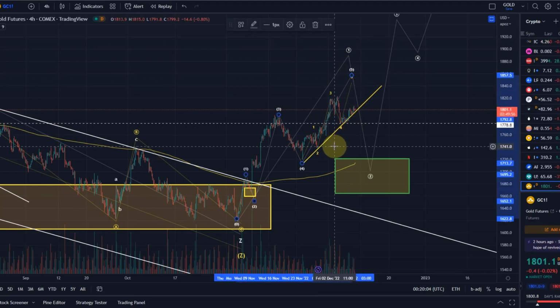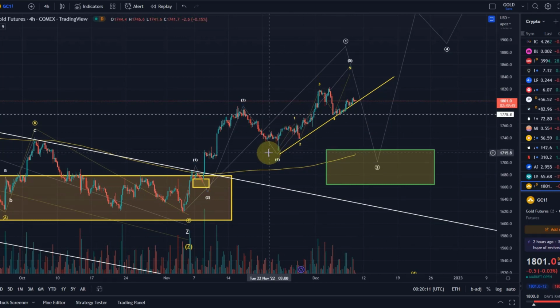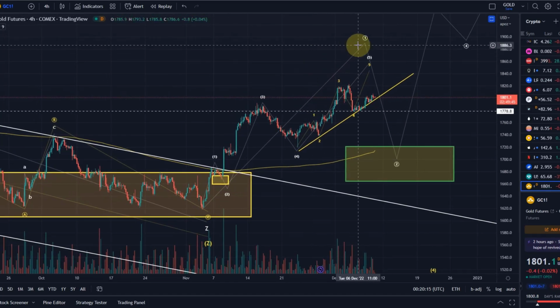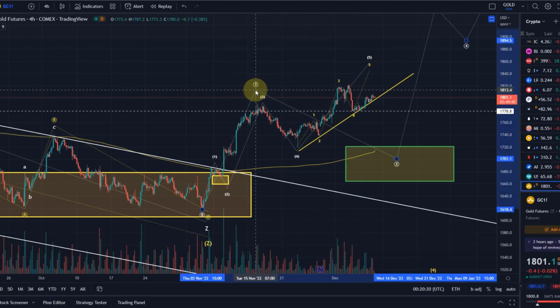So what does that mean? It means that if we really cannot push above $1,823, this must be a corrective move up, because it's only in 3 waves. I would then have to find a way, and this is possible as well, I just have to adjust lower level wave counts.